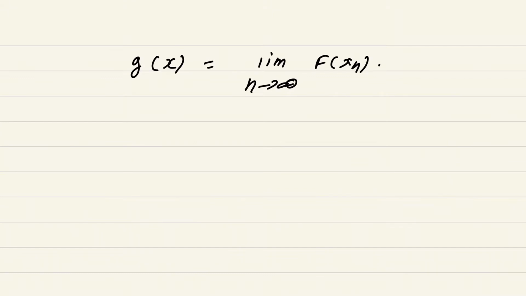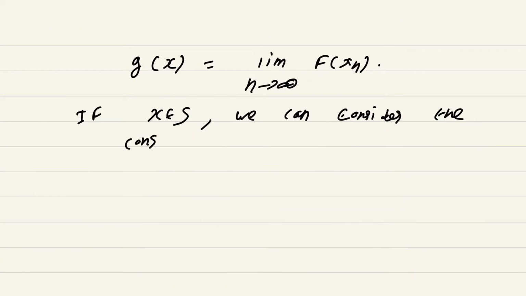So up until now, the entire discussion has been to show that this g is well defined. It does not depend on the choice of sequence x_n we choose. Furthermore, if x is in S, we can consider the constant sequence x, x, x, and so on, to see that g of x is equal to f of x.